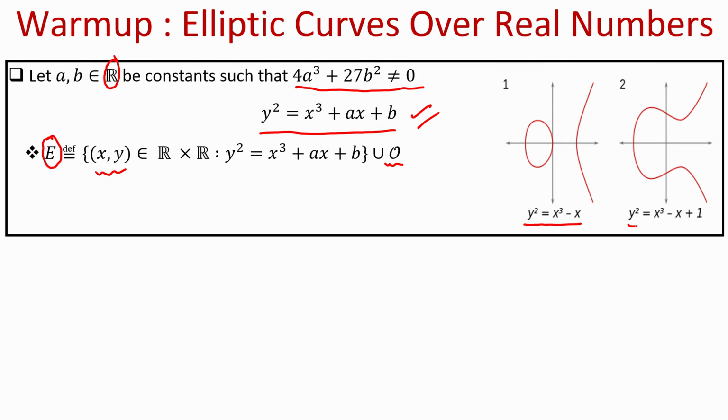In the same way, if I take the curve y square equal to x cube minus x plus 1 and plot all the real x comma y satisfying it, then I obtain this curve.